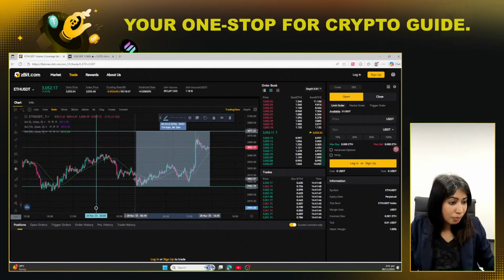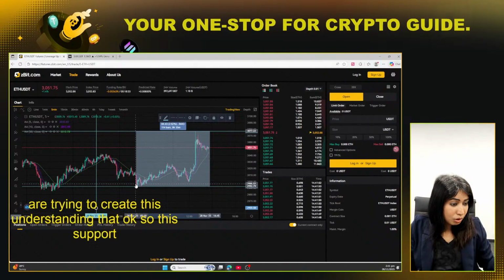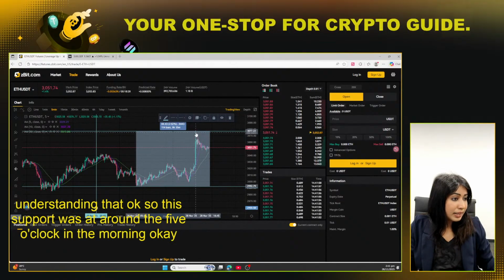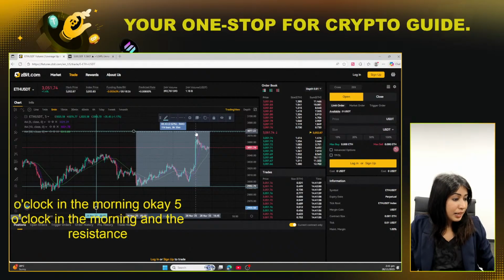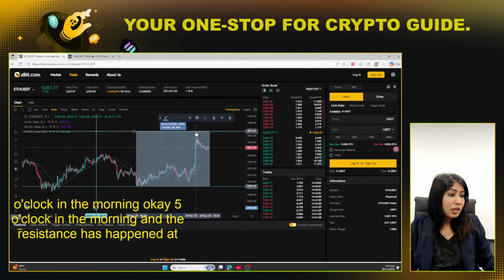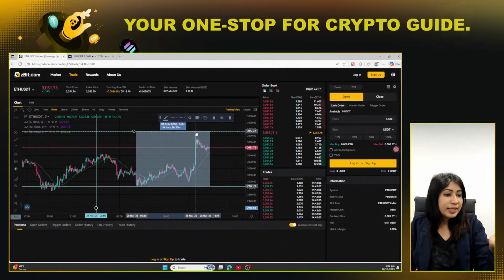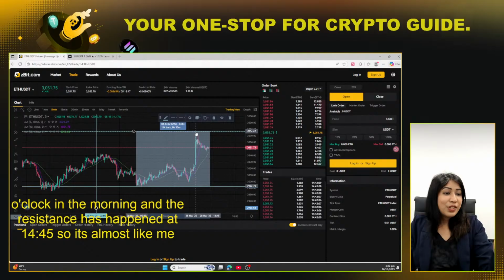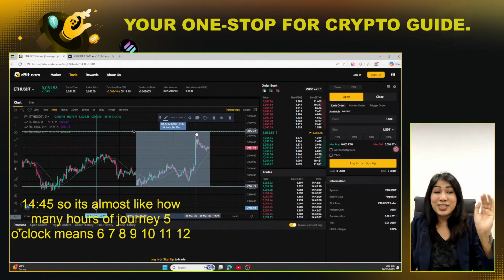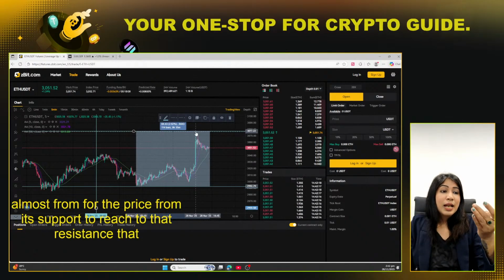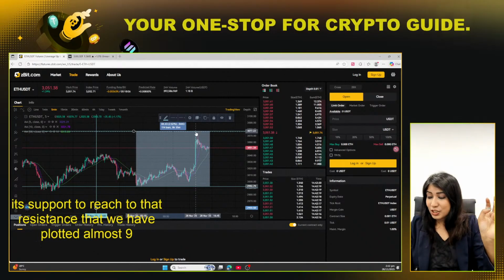This support was at around 5 o'clock in the morning, and the resistance happened at 14:45. So how many hours of journey is it? 5 o'clock means 6, 7, 8, 9, 10, 11, 12, 1, 2. It took almost 9 hours for the price to go from its support to that resistance that we have plotted.